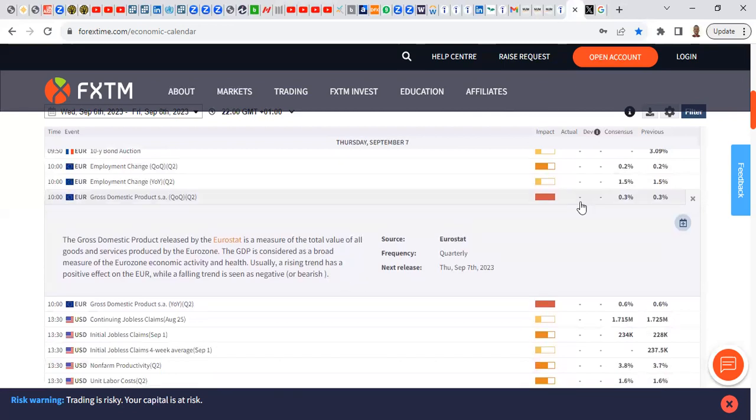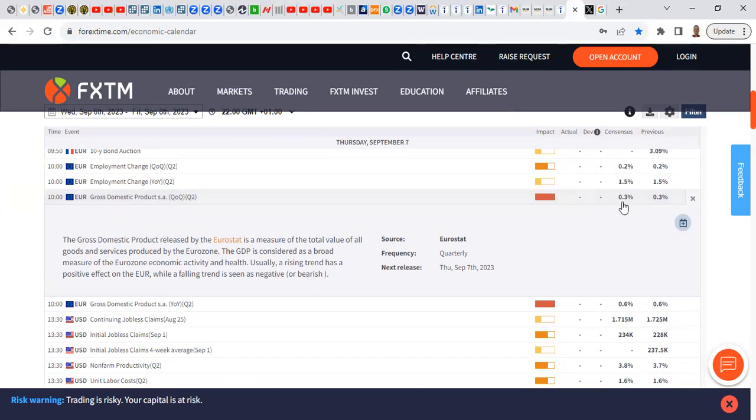Assuming this value comes out greater than 0.3, it means euro will be strong. Like they said here, usually a rising trend has a positive effect on the euro, which is, if the value is more than 0.3, it means Euro is stronger. They say a falling trend is seen as negative or bearish.